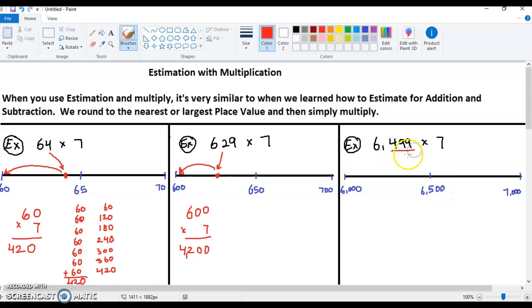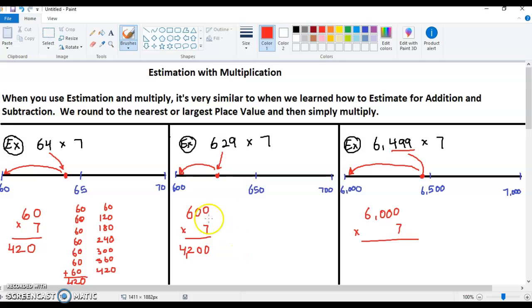Well, 6,499 is going to be right there, just short of halfway. And because it's just short, I'm going to round down again. So that means this number, 6,499, is going to be closer to 6,000, just barely. And now I'm multiplying times 7. What I'm saying is I have the number 6,000 7 times.